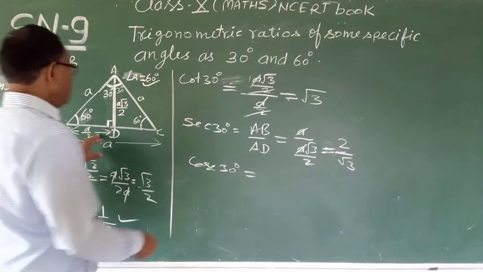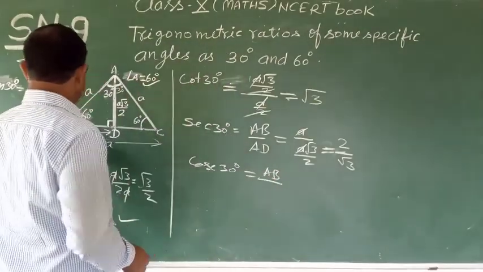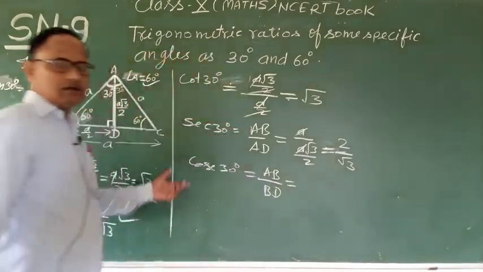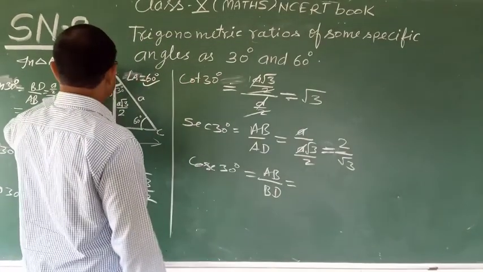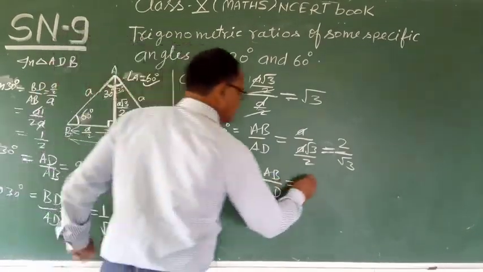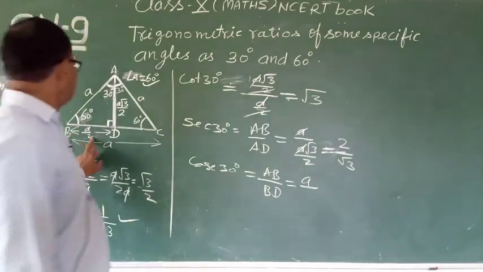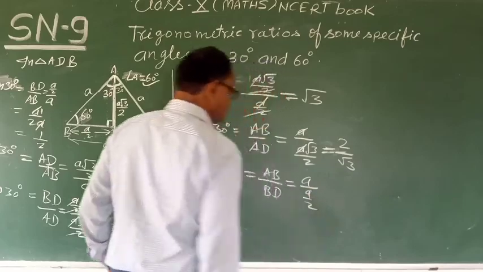Here AB by BD. Student, look here, the value of AB is equal to A and the value of BD is equal to A by 2.